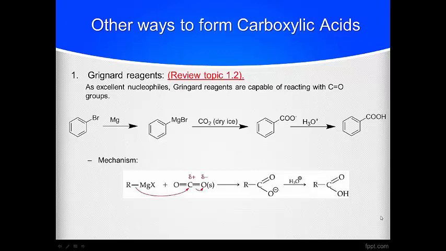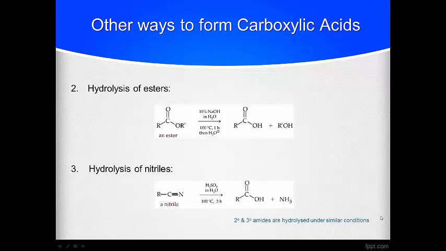We can also have it being formed when we hydrolyze esters or nitriles. Okay, and we'll talk a bit more about the hydrolysis of esters in this topic. So we've got our ester, we've got a base hydrolysis. Hydrolysis is adding on hydrogens.